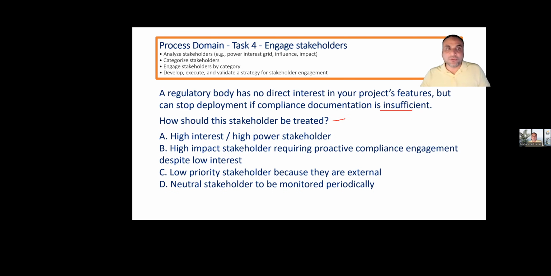High interest, high power, high impact stakeholders requiring proactive compliance engagement; despite low interest, low priority stakeholders because they're external; neutral stakeholders. So C and D, you know that they are out of the league, and you need to select one of the answers from A or B. And the question itself is giving you the thing: low interest and high power. So A is wrong. The remaining answer is B. Very good. Very nice. Perfect.